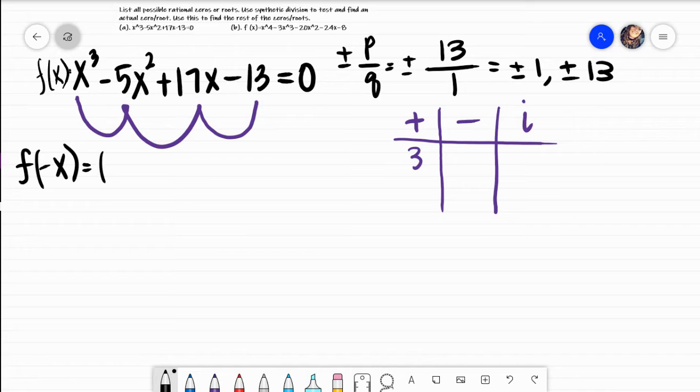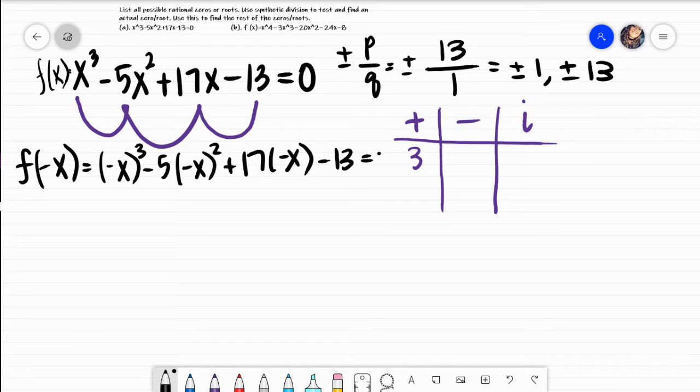So we've done this before. Wherever you have an x, you're going to plug in negative x. We're going to use the exponent on our variable to see what the actual value is of our variable. So if you look here, I've got a negative x cubed. I know that if I have a negative variable raised to an odd power, what I get is a negative variable.